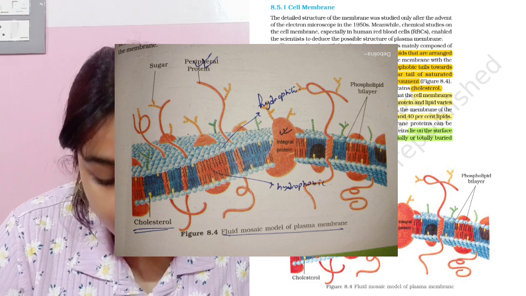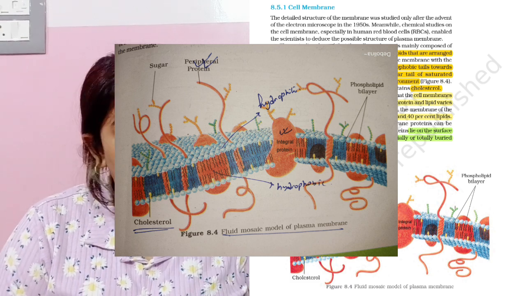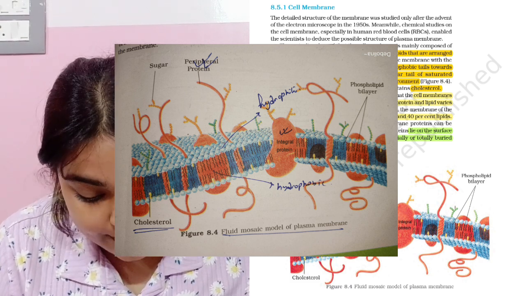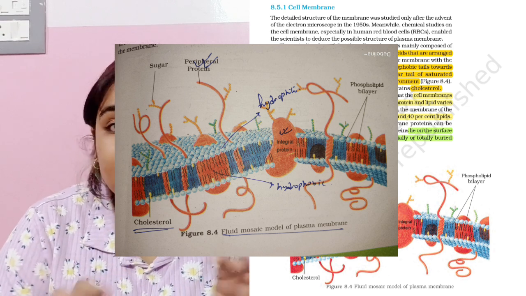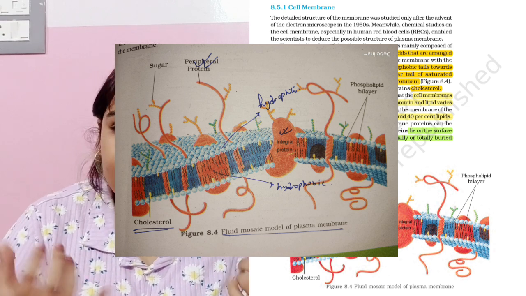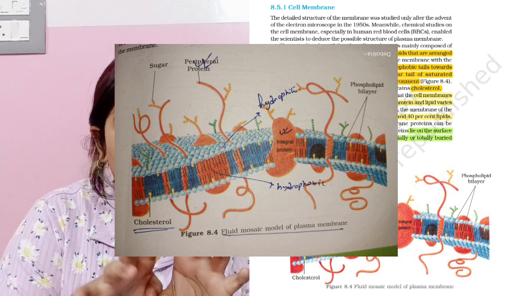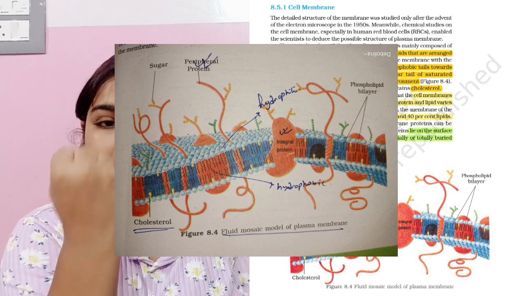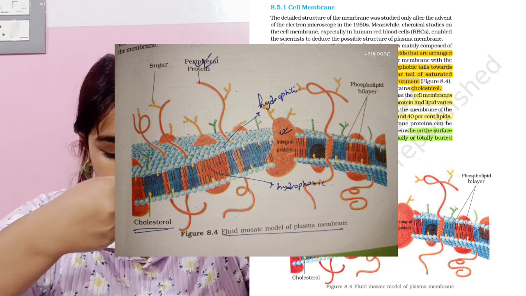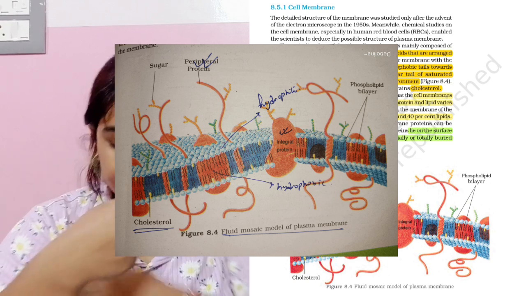Now, the proteins are of two types: integral protein and peripheral protein. By the name we know, integration means joining, so the protein which spans the bilayer is called the integral protein. We have the integral protein like this, and our bilayer over here and over here.